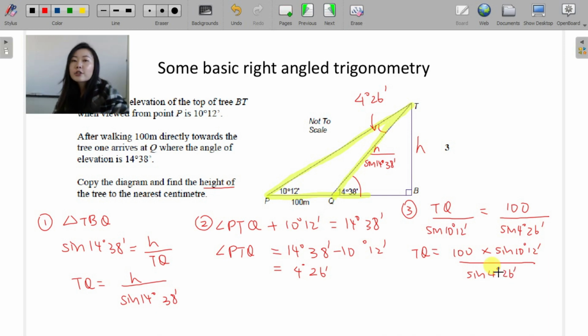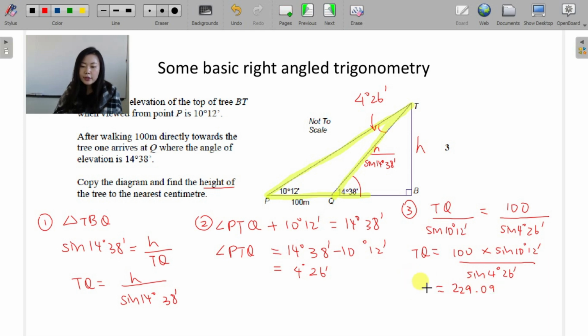Now I might partially evaluate this just to save some space here. So 100 sine 10, 12, over sine 4, 26. The right hand side, just chucked it into the calculator, is about 229.09, thereabouts.